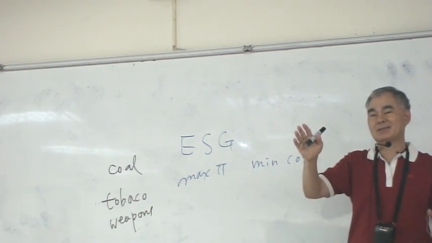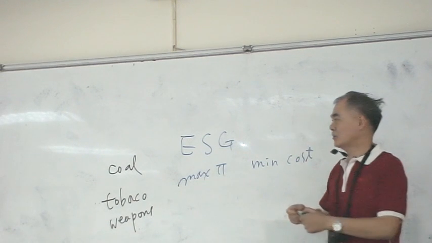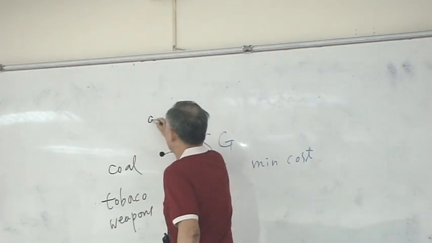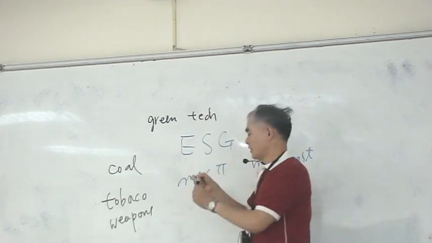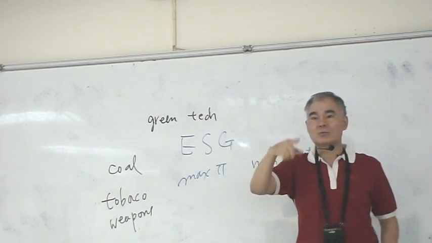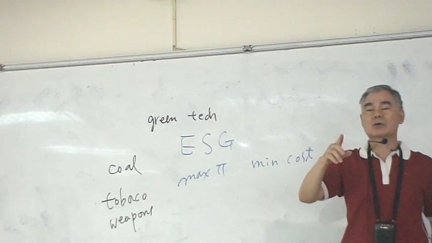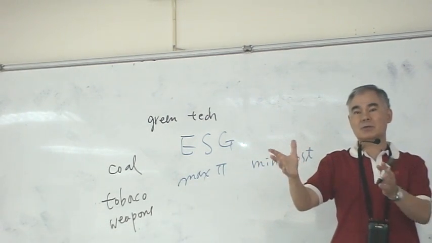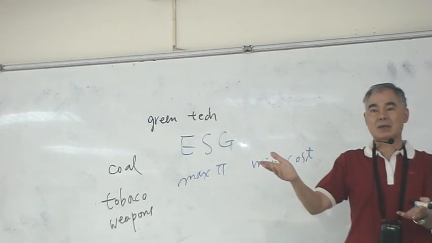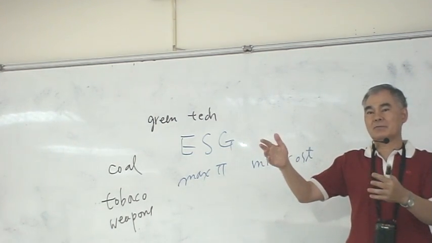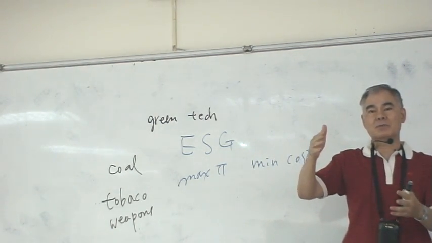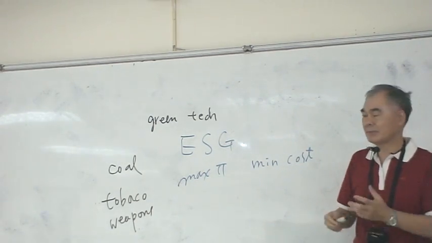What is most popular is what we call green tech. For example, wind power, solar power. If a company is making solar panels, that's good. If they are related to any issue that improves the environment, people like it.